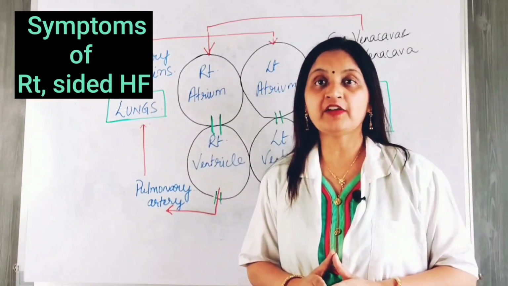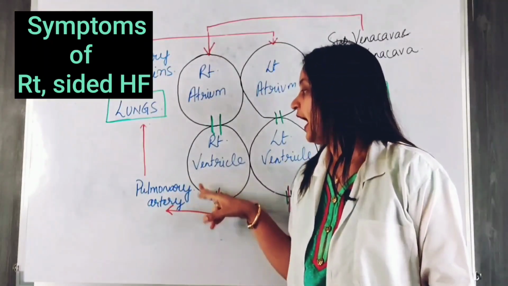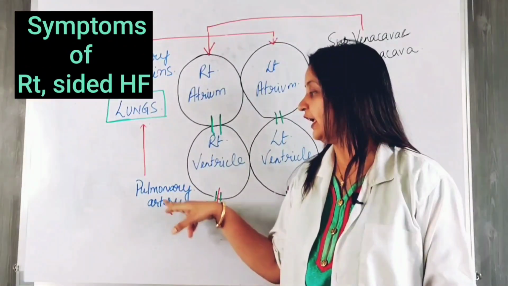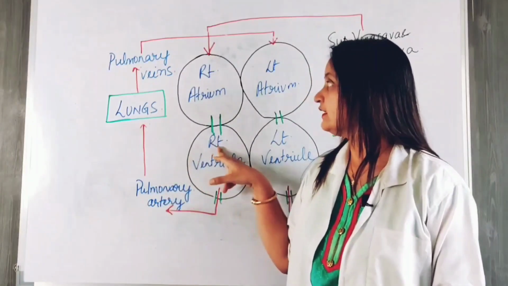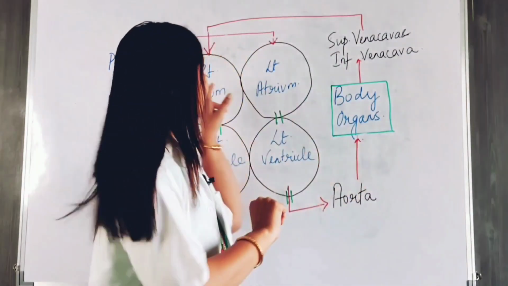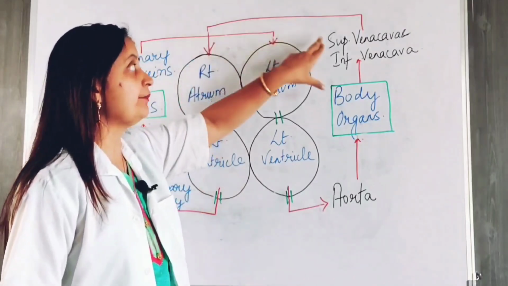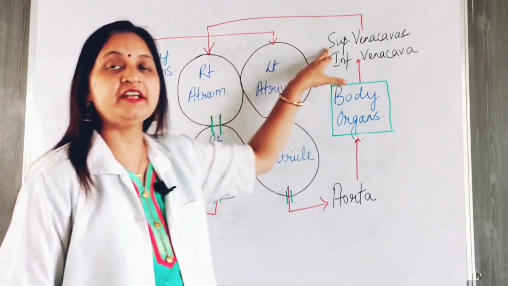In right-sided heart failure, the right ventricle is weak and reduces the ejection of blood into the pulmonary artery. This creates backward pressure in the right atrium, and blood builds up in the superior vena cava and inferior vena cava.